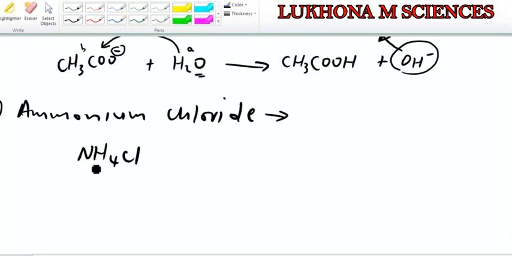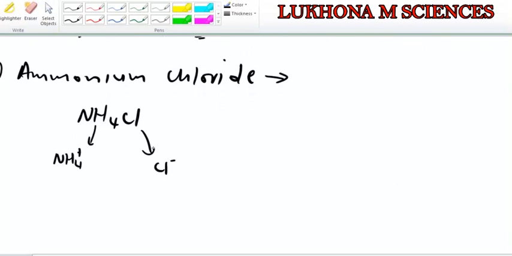First thing, we must break this salt into ions. We have the ammonium ion, which is positive, then we have Cl minus. Now, Cl is from HCl, which is a what? A strong acid.